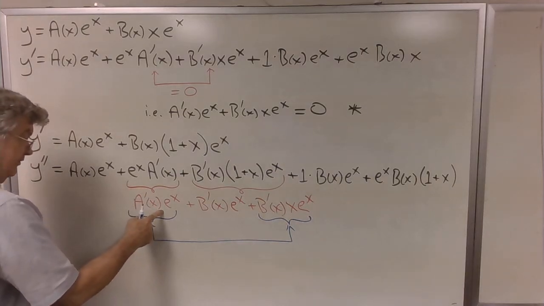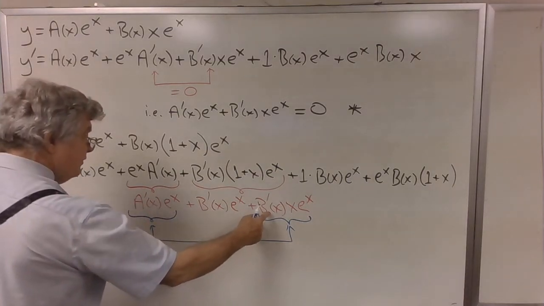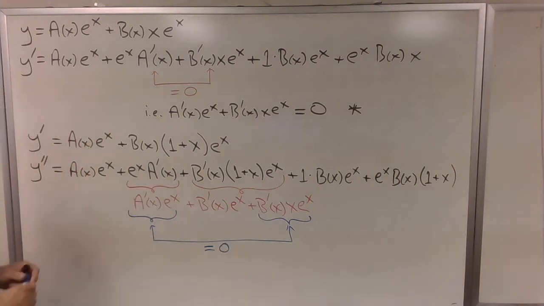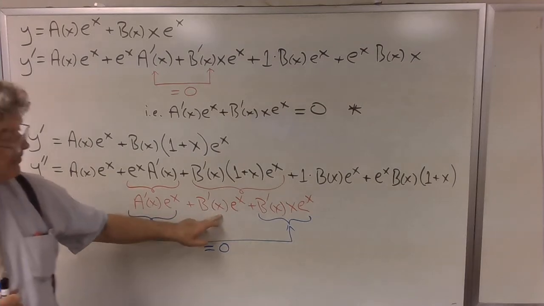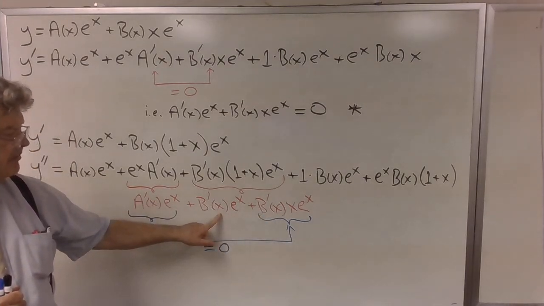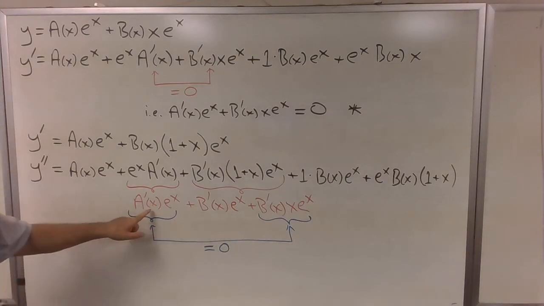So this term plus this term equals 0. The only term that remains from the sum of these three terms is that term, b prime of x e to the x. These two terms add up to 0. Oh, that's nice.